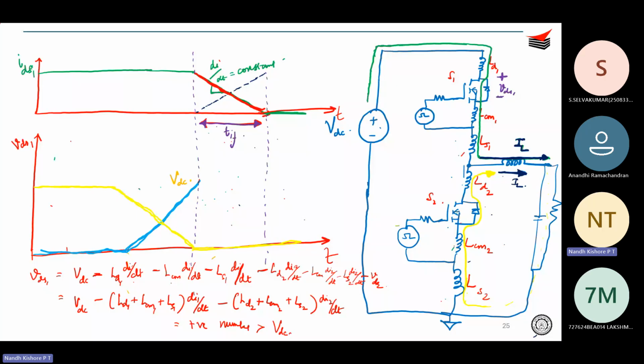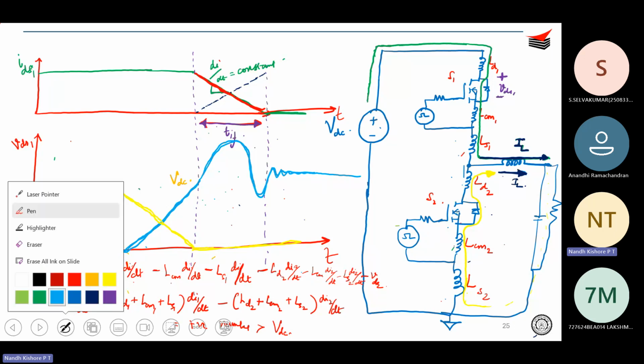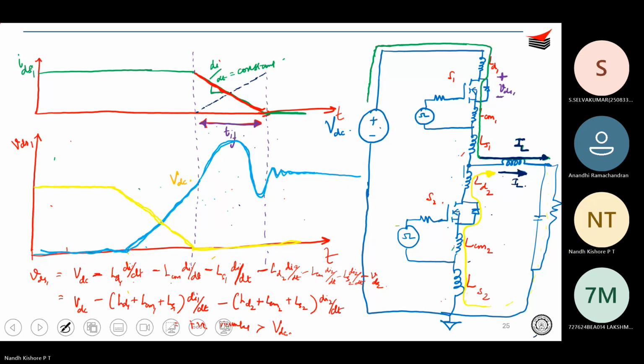Yes. So practically you will see there will be a huge overshoot in voltage and there will be some second order response, and then it will damp out like this. Okay. So this particular voltage overshoot, where is this coming from?